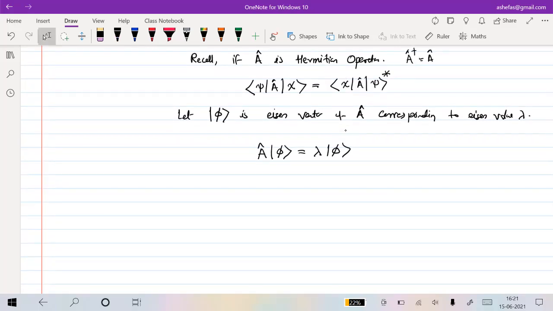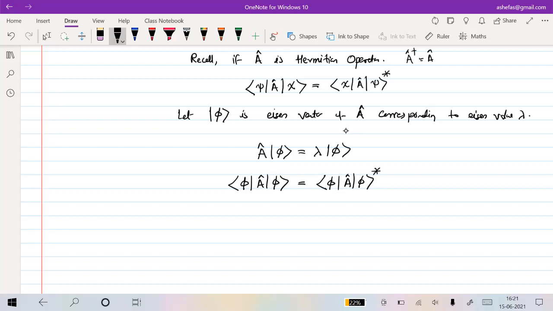Now just take the inner product on both sides with phi. Then the inner product phi A phi, according to the Hermitian property, can also be written as the complex conjugate of phi A phi.